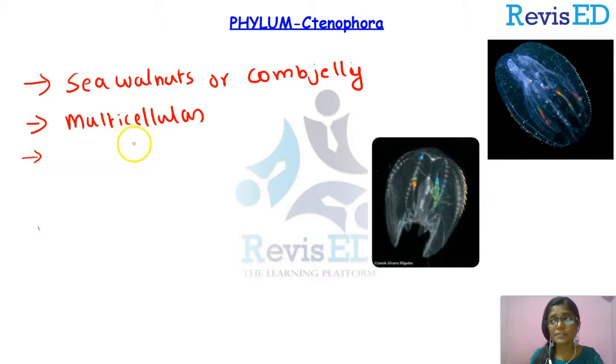Do you remember under which category this phylum comes? Yeah. These are diploblastic animals having only two germ layers: ectoderm and endoderm. In between ectoderm and endoderm, there is a mesoglea instead of mesoderm.